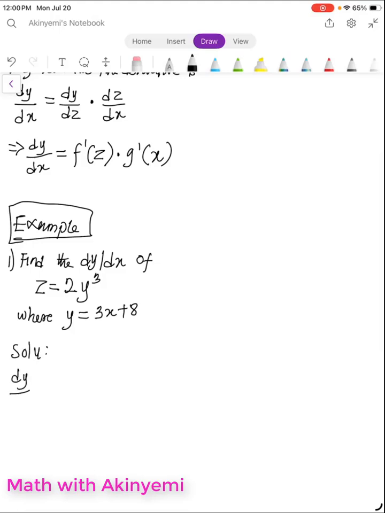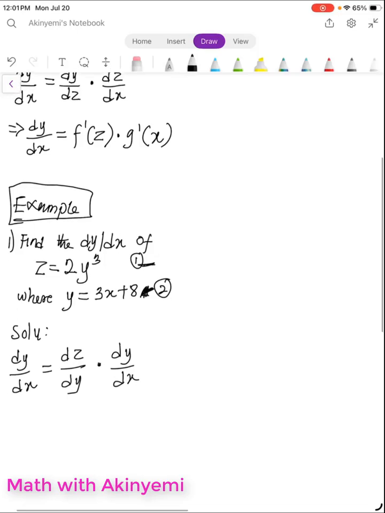dz over dx is equal to, we have to first do this. Let's say this is 1. You have to first do what? dz over dy multiplied by dy over dx. Let's say this is equation 2 for example.